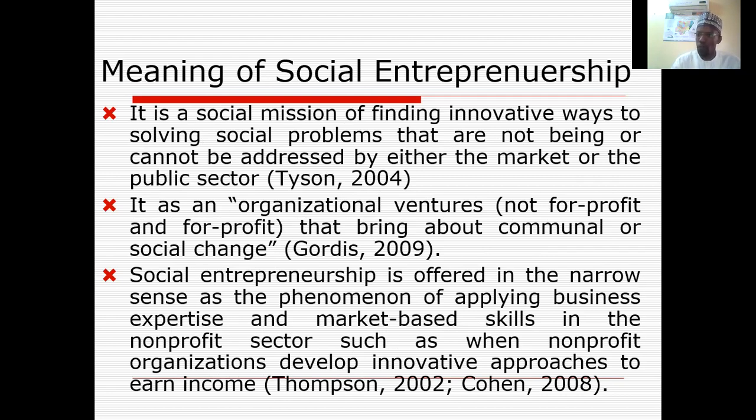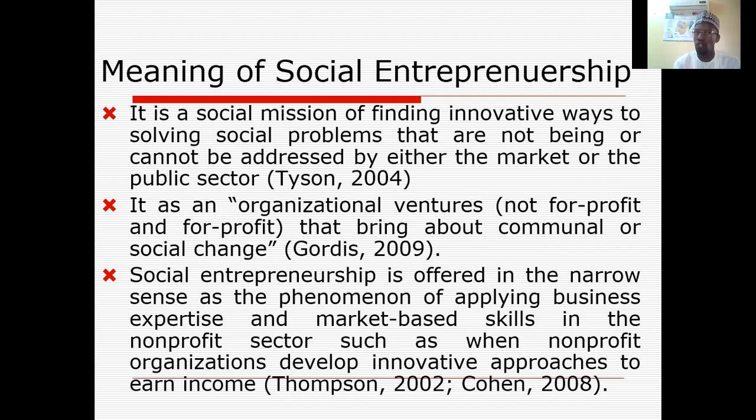Because in a normal business operation, you may need to buy raw materials, you may need to pay your employees their salaries and wages, you may need to pay a lot of bills and what have you. All this can only happen if you have a business-like activity that will be bringing money into the venture. So that is what this definition is trying to say. Social entrepreneurship is nothing but using a business-like way to solve a particular societal problem.